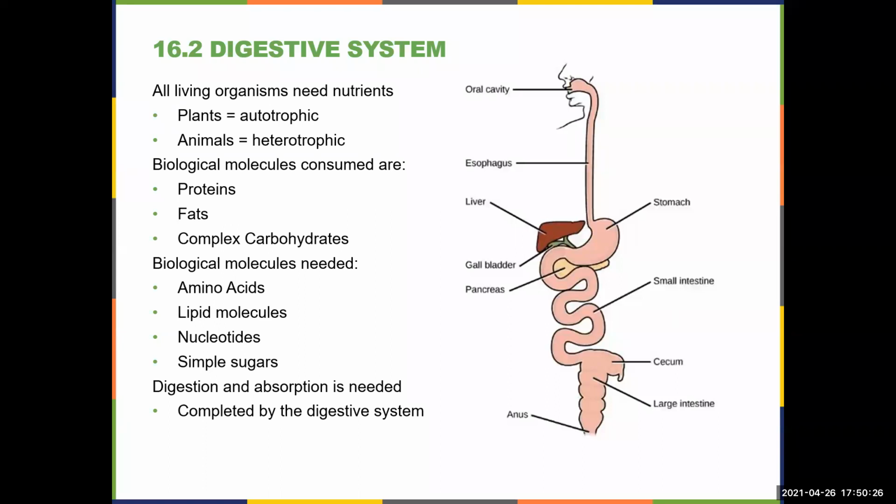So we have to consume other organic molecules in order to take up the necessary molecules that we need to undergo our cellular processes and to generate energy. The biological molecules that animals consume are molecules like proteins, fats, and complex carbohydrates.